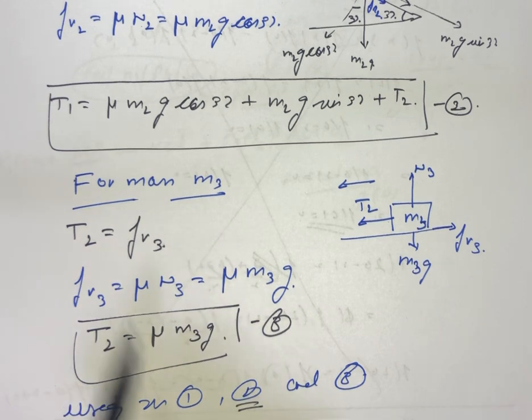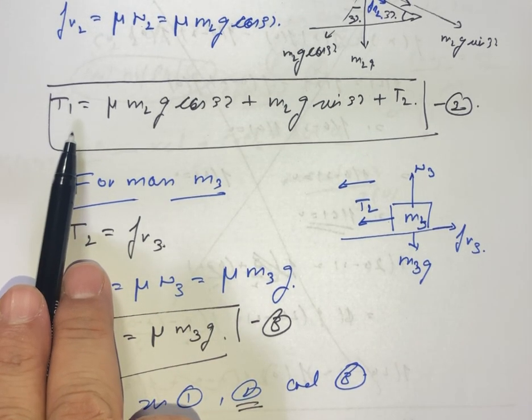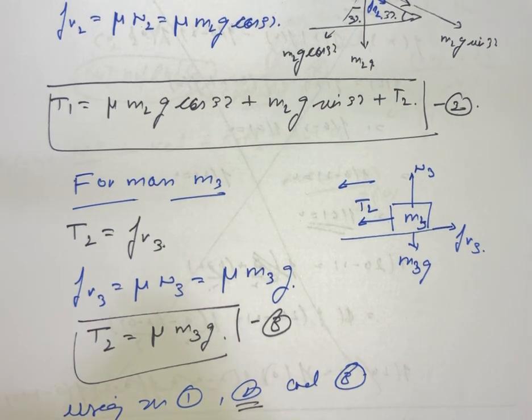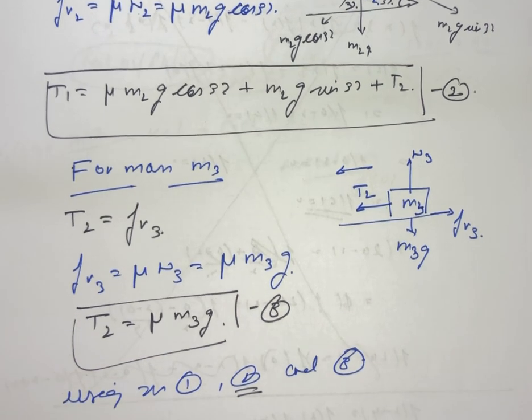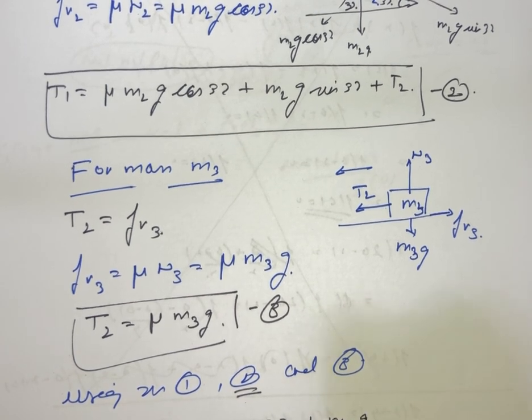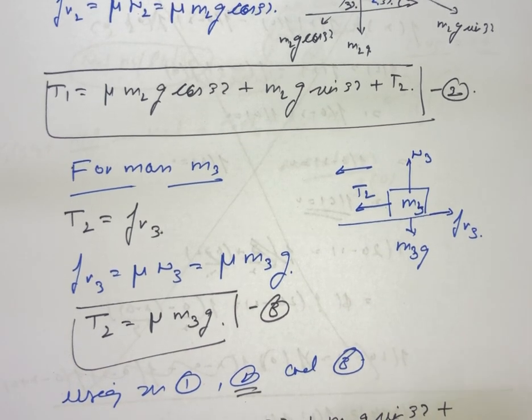So equation 2, that is T1, and T1 is equal to m1g, so m1g is equal to mu m2g cos of 37 plus m2g sine of 37 plus T2.